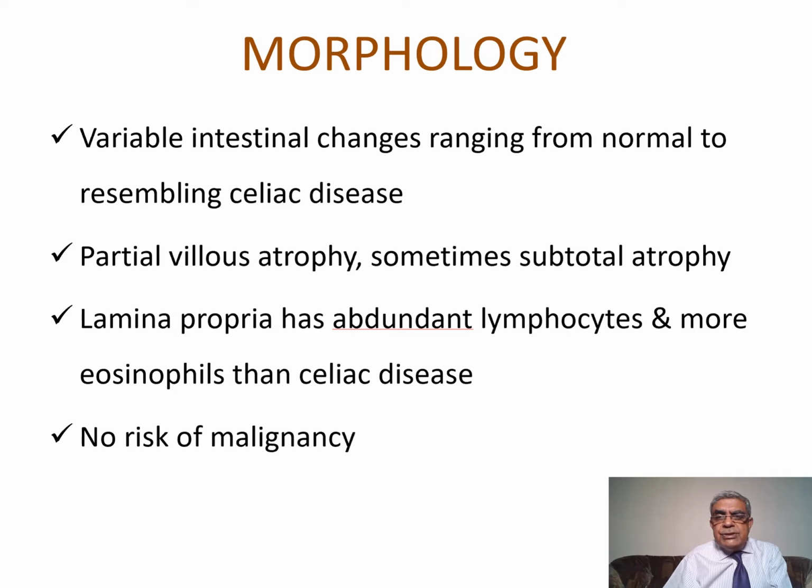Variable intestinal changes ranging from normal to resembling those of celiac disease. Coming to celiac disease, there is partial villus atrophy and sometimes subtotal atrophy. Lamina propria has abundant lymphocytes and more eosinophils than celiac disease.